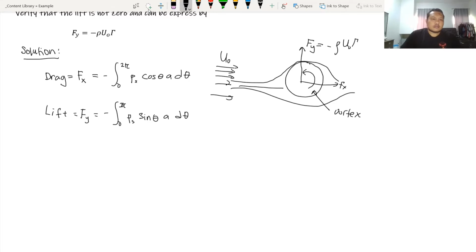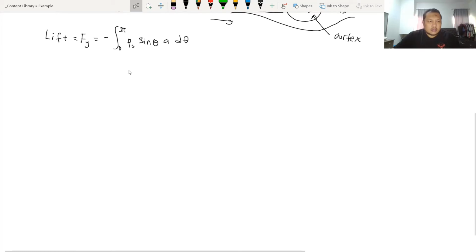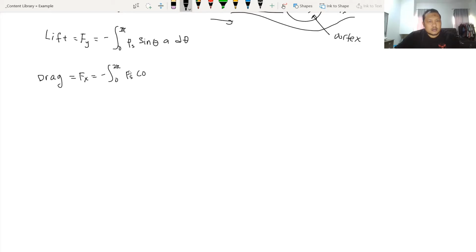Let's start with the drag first. For the drag, Fx is given by minus the integral from 0 to 2 pi of ps cos theta a d theta. And what is ps? We can get it from the Bernoulli equation.